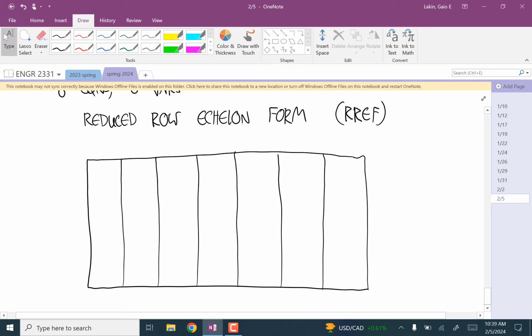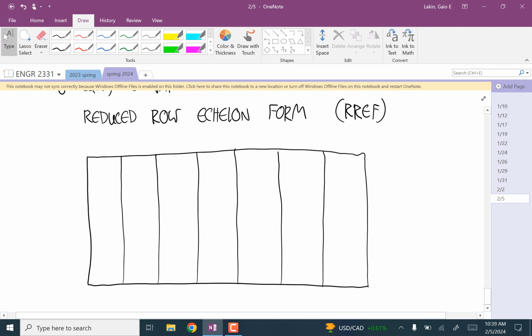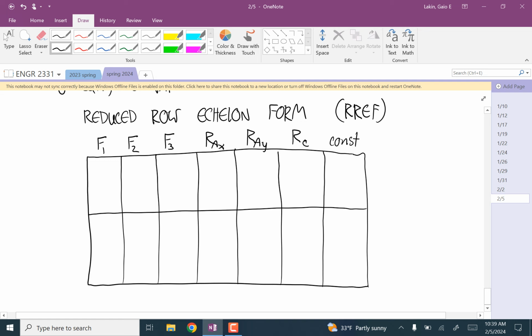And I'm going to put these in here as F1, F2, F3, RAX, RAY, and RC. And then the last one is for the constants. And now the rows are the 6 equations.